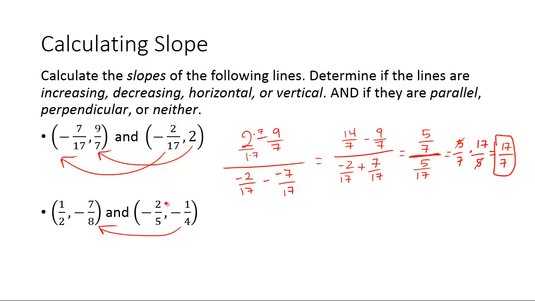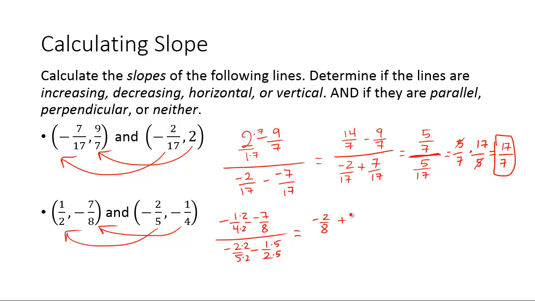So take away your y's, you have negative 1/4 minus negative 7/8 over negative 2/5 minus 1/2. So we need a common denominator here, so we need times 2 and times 2, and here we'll make these a 10, so times 2 and times 5. So you've got negative 2/8.